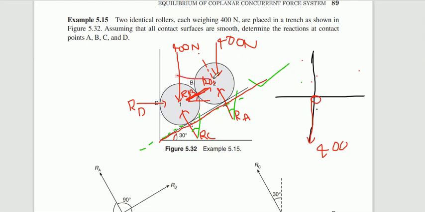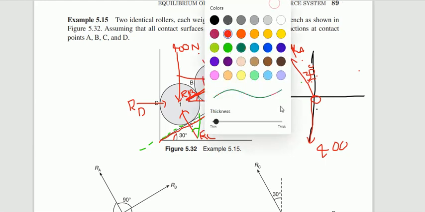If you are considering the natural x and y axes, it moves into the second quadrant, so you can write it as RA. After writing RA, you need to write the inclination. RA is a force which makes an angle of 30 degrees with respect to the y-axis, because as already discussed, it is 30 degrees. So RA is done.